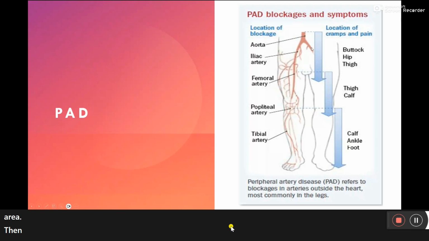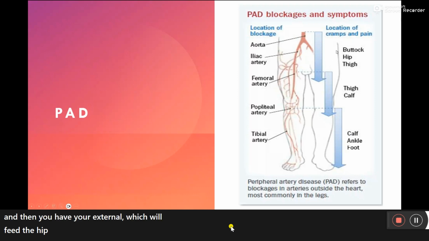The vessels that feed those areas are going to be your common iliacs right here, and that's going to bifurcate into your internal iliacs, which are going to feed your reproductive organs and the buttock area, and then you have your external, which will feed the hip.